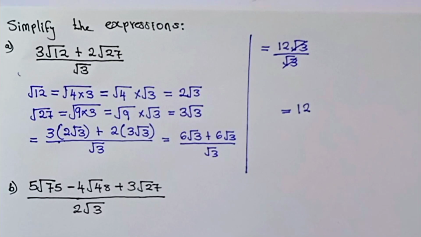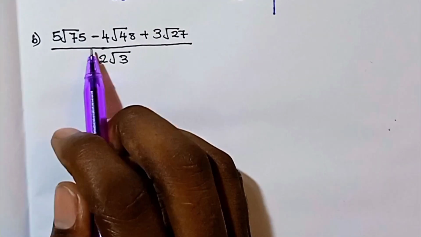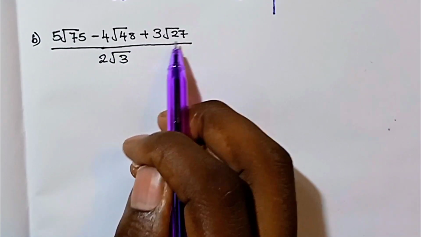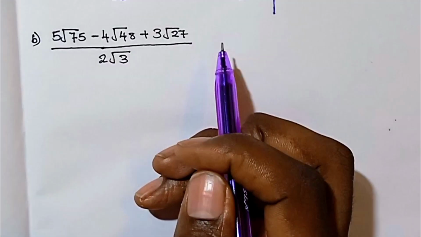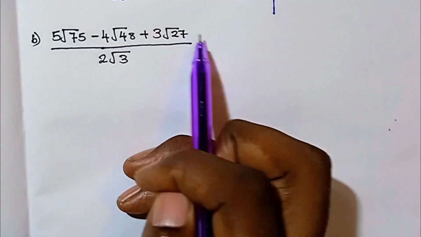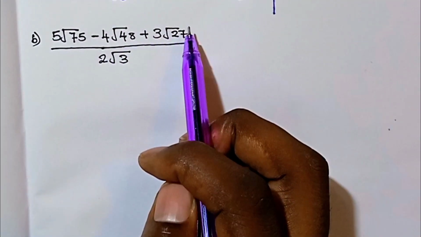So the next question we have is 5 root 75 minus 4 root 48 plus 3 root 27, the whole of it divided by 2 root 3. We are going to repeat the same procedure where we first simplify the numerator.